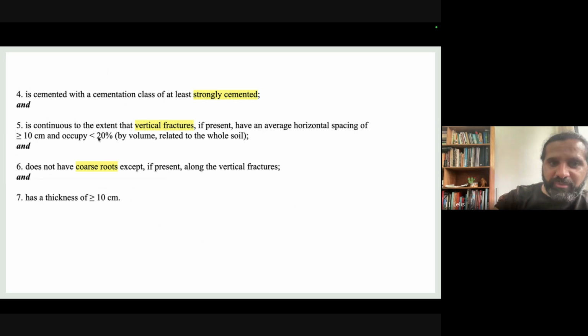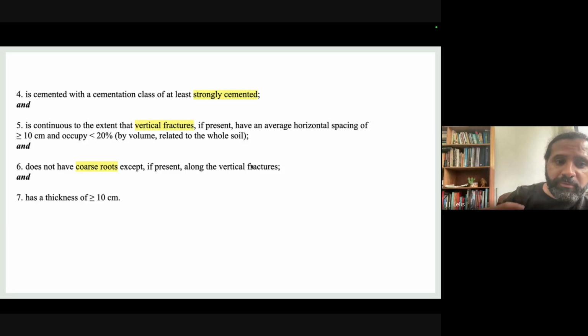So if we have some vertical fractures, some cracks in this cemented horizon, these vertical fractures are not quite common, okay? At least they have a distance of 10 centimeters between them. And it does not have coarse roots except in the vertical fractures.